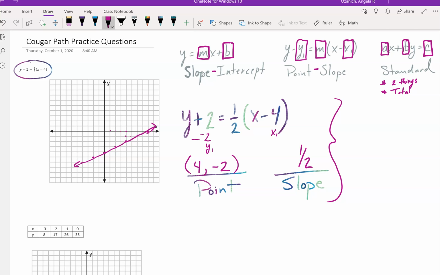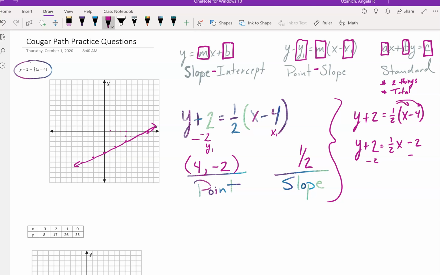Now, is there another way to do this problem? Well, you could take y plus 2 equals 1/2 times (x minus 4) and distribute your 1/2. We've been practicing this a little bit. So we get y plus 2 is equal to 1/2 x, and then 1/2 times 4 is going to be minus 2.